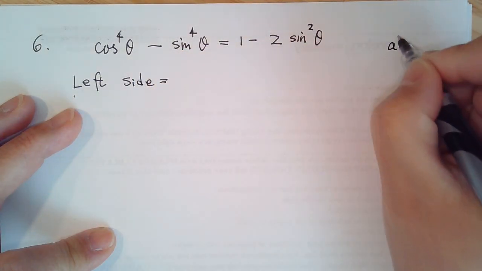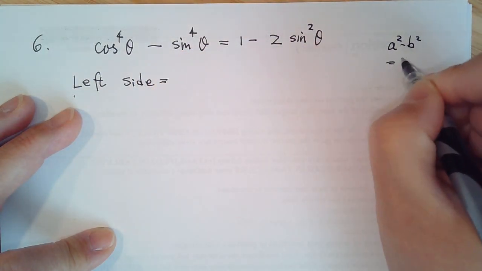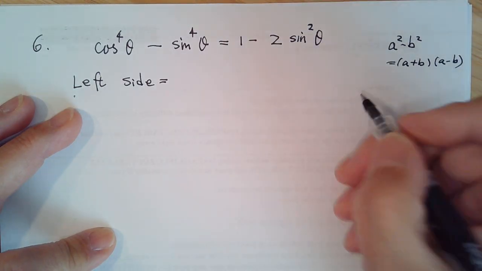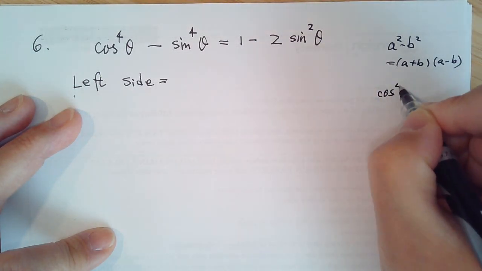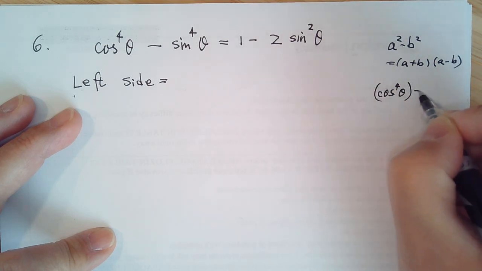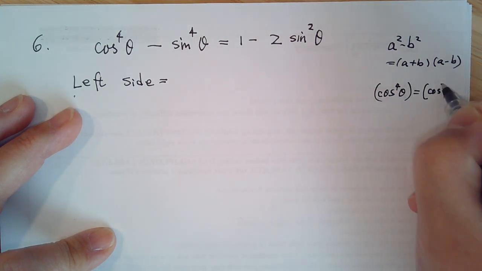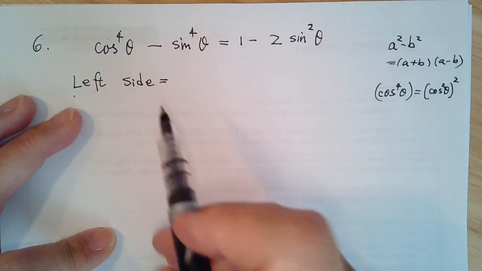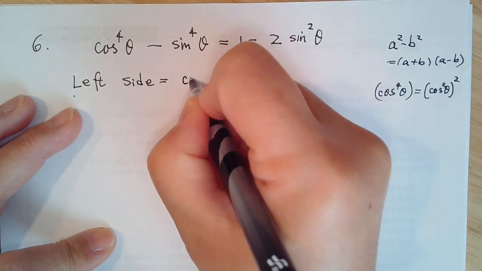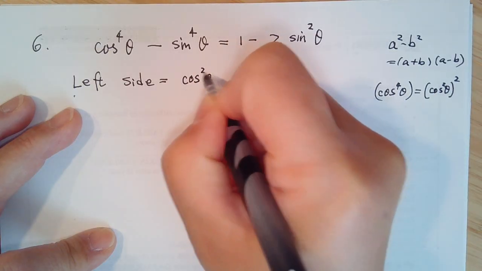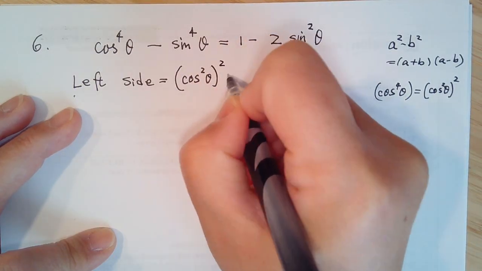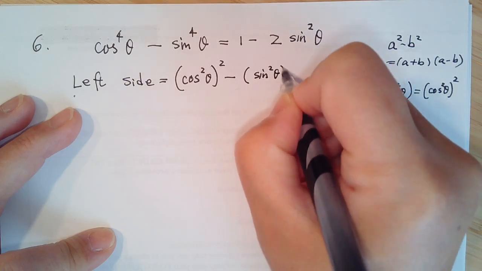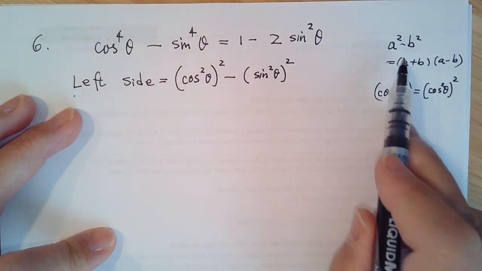Do you remember a squared minus b squared, which is (a plus b) times (a minus b), right? And also, do you know that cosine 4th is cosine square and then squared? Because a 4th means a square and a square. So this is actually cosine square theta squared minus sine square theta squared, like a squared minus b squared.